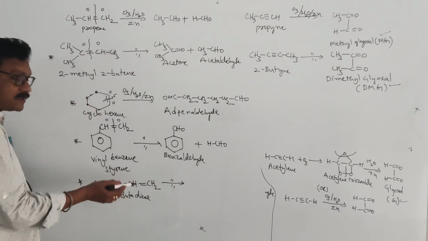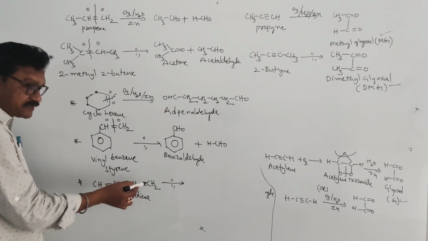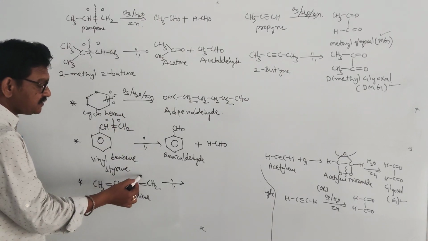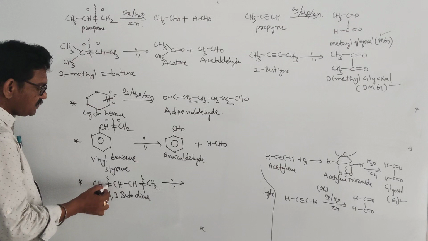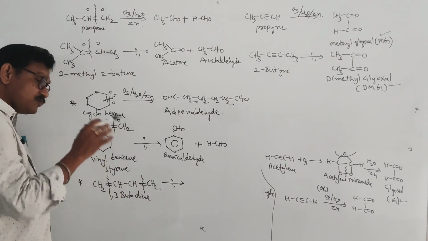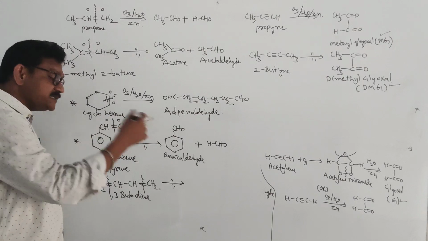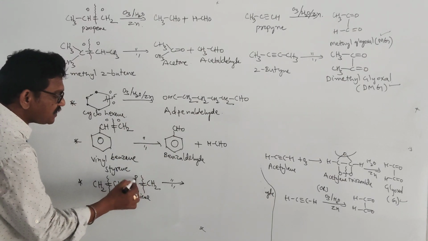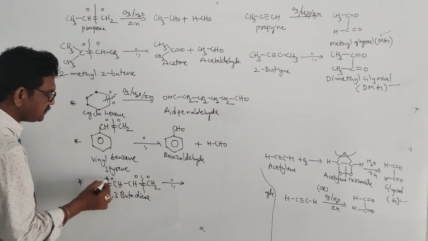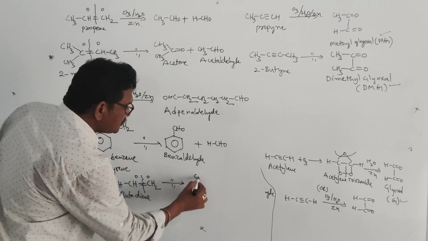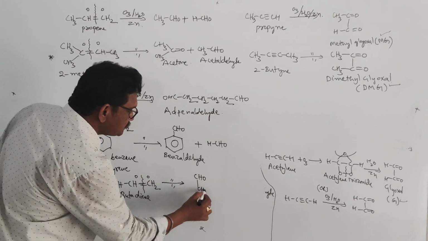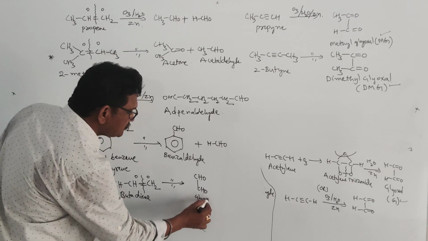Here the double bond is present at two sides. How many double bonds are present? All double bonds undergo addition with ozone. That's why you put oxygen here, you put oxygen here. So you are getting what? CHO-CHO, this is 1 mole of glyoxal.